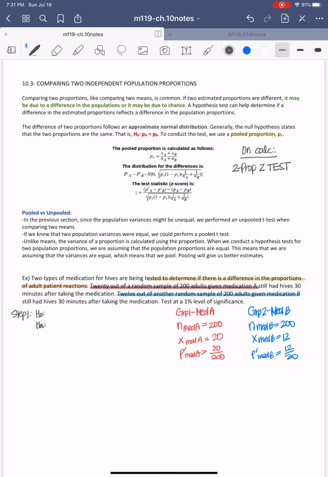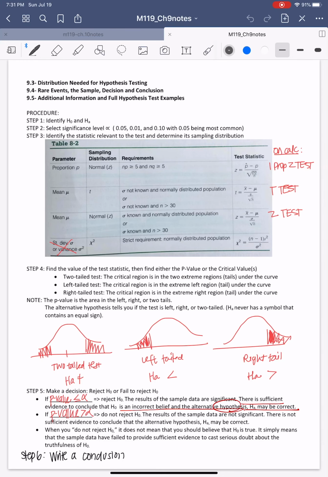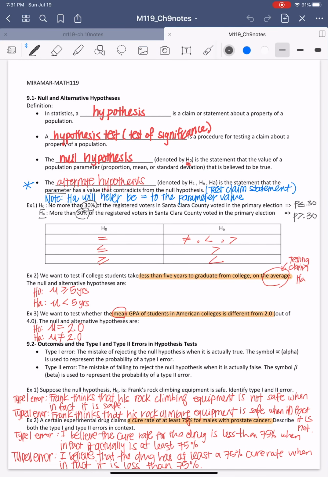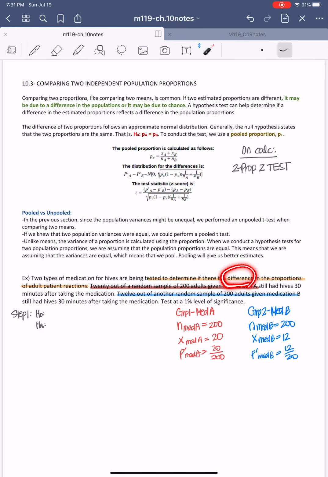Now you're looking at the difference or no difference. So going back to chapter 9, there were 3 scenarios, right, for the alternative hypothesis. Looking at the difference will be basically this one here, right? This was an example. Mean GPA is different from 2.0, so we use not equal to and then equal to. So we'll use that case too. We are looking at the difference or no difference.